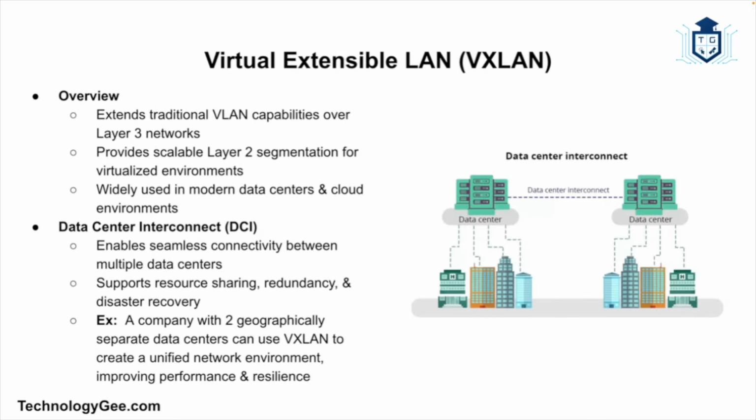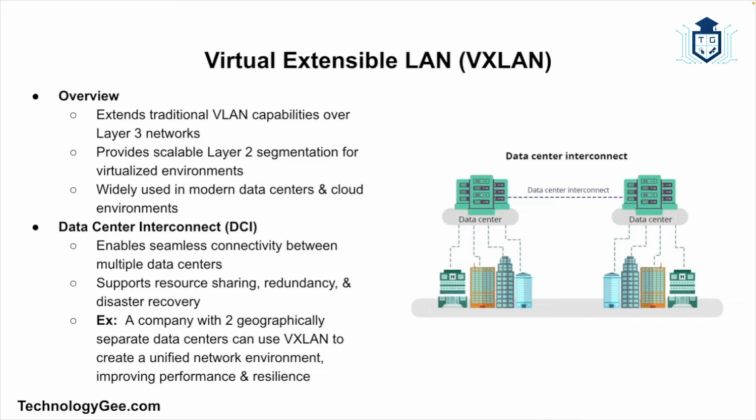All right, so let's move on and talk about virtual extensible local area networks. So VXLAN is a technology that extends traditional VLAN capabilities, providing scalable layer 2 segmentation over layer 3 networks. And it is widely used in modern data centers and cloud environments. And the first component of this is called the data center interconnect.